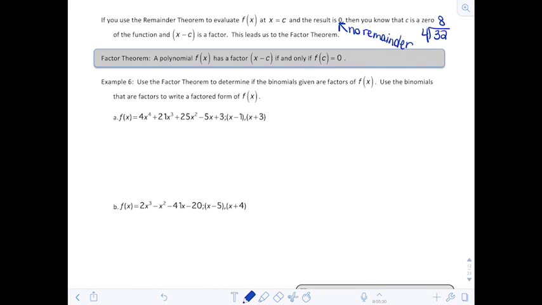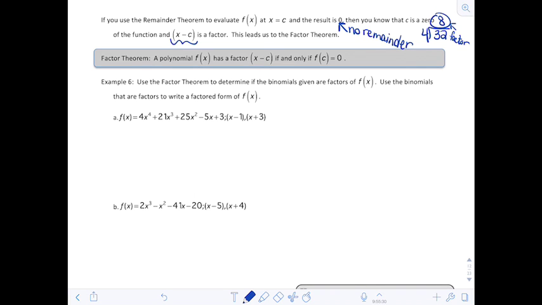What did that mean? It meant that 8 was also a factor. If you did not have a remainder, your quotient was another factor. The same concept works with polynomials. So if you evaluate x equaling c and you get 0, you know that c is a 0 of the function and x minus c is another factor.